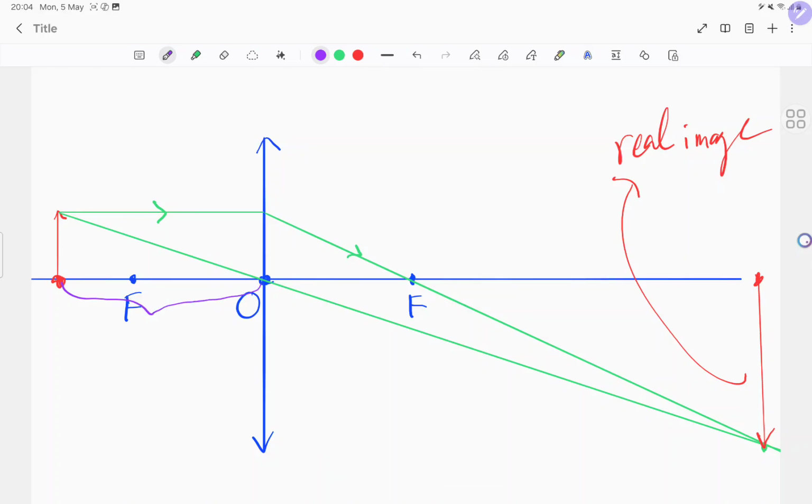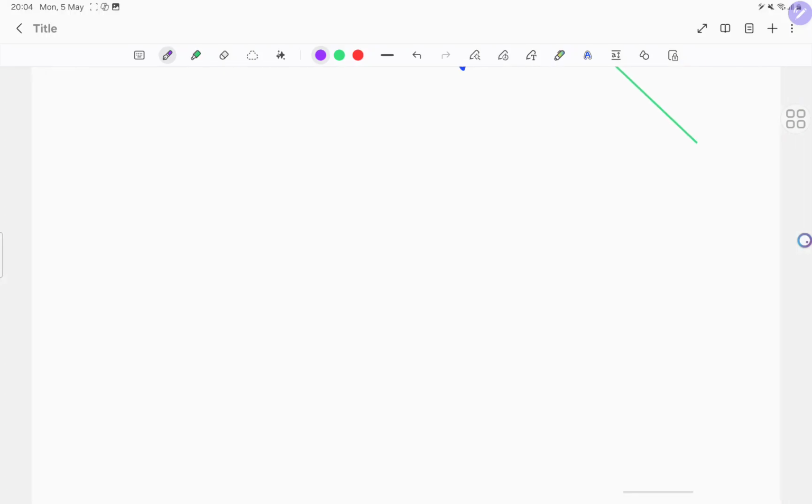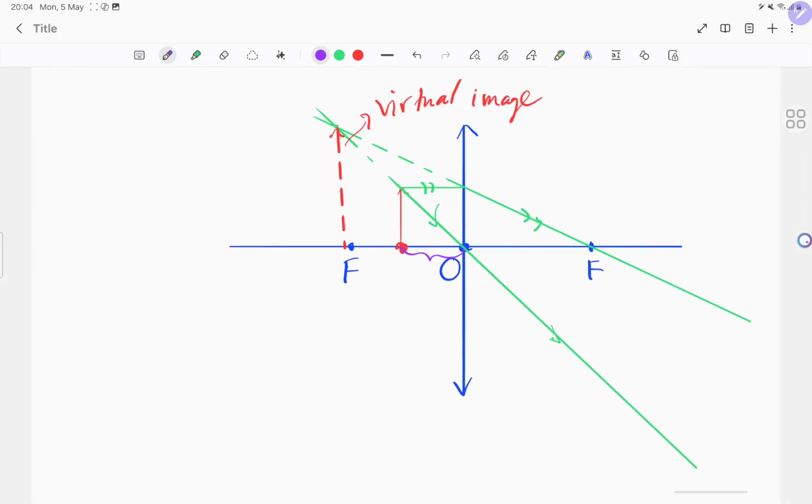If the distance is larger than the focal length, then the image would be real. For a real image, it is upside down, inverted. But for the virtual, it is the same direction as the object, so upright. That's the conditions.